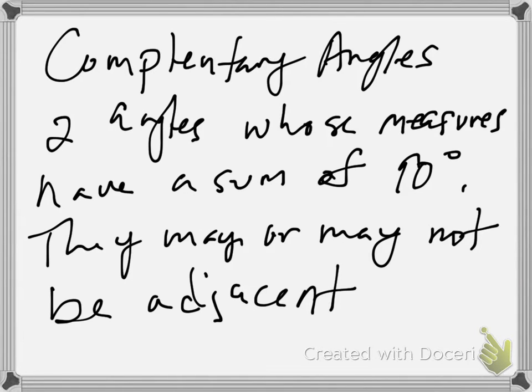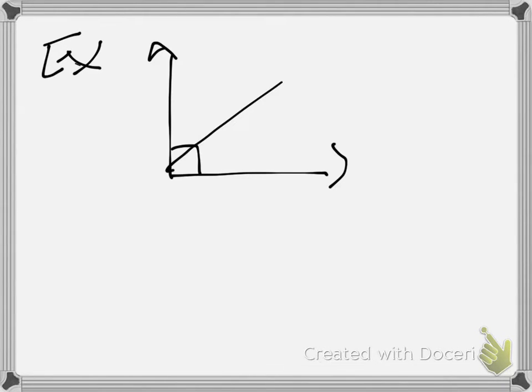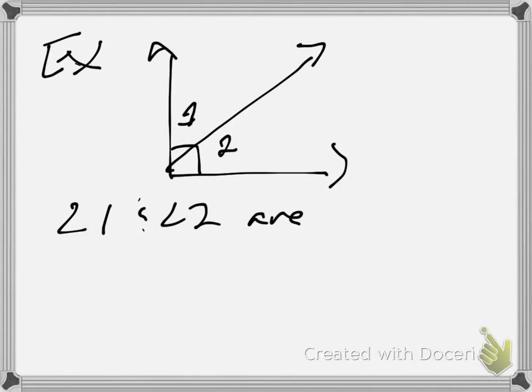Okay, so an example of complementary angles: we have a right angle. Draw a ray. Let's label this angle 1 and angle 2. So angle 1 and angle 2 are complementary, because if we add them together, they make up that right angle, which is 90 degrees.